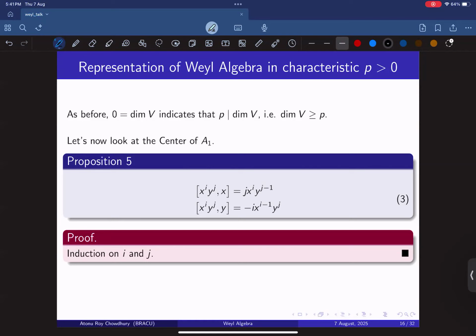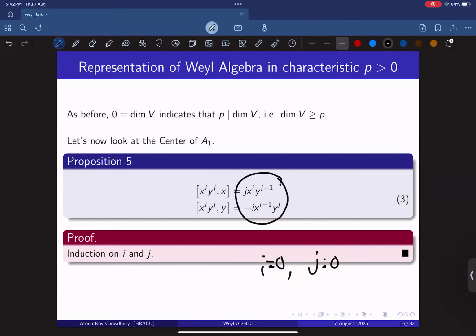So as you can see, when is this term 0? Can someone tell me? When do we have that such a term is going to be 0? Yes. So i equals 0, j equals 0 is a way to make these quantities 0.